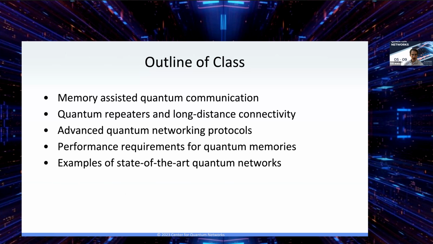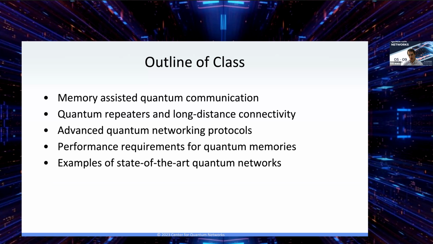Here's the outline. I'll begin by discussing memory-assisted quantum communication and why memory is important for transmitting quantum information. I'll discuss quantum repeaters and long-distance connectivity and how quantum repeaters use memory to overcome loss. I'll then discuss more advanced quantum networking protocols which pave a vision for an even more interesting set of quantum advantages that you can achieve when the entire network becomes quantum.